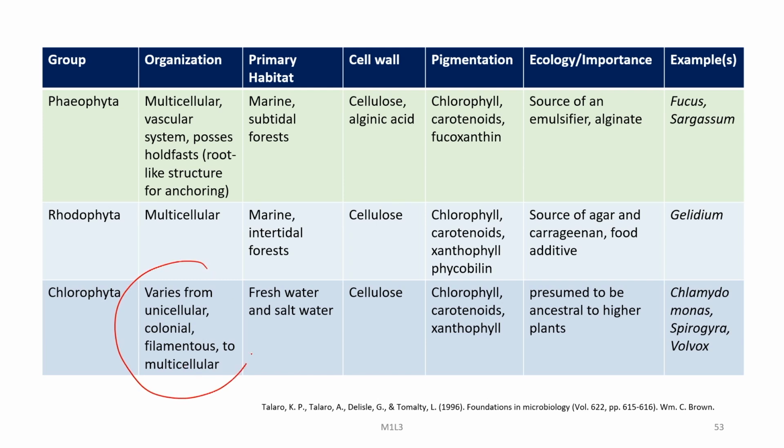Chlorophyta have various forms ranging from unicellular, colonial, filamentous to multicellular. They are found in freshwater as well as in saltwater, have cellulose in their cell wall, and apart from chlorophyll and carotenoids, they have xanthophyll as pigments. These are presumed to be ancestral to higher plants.